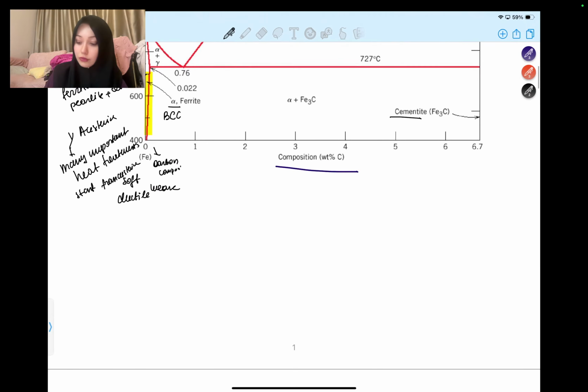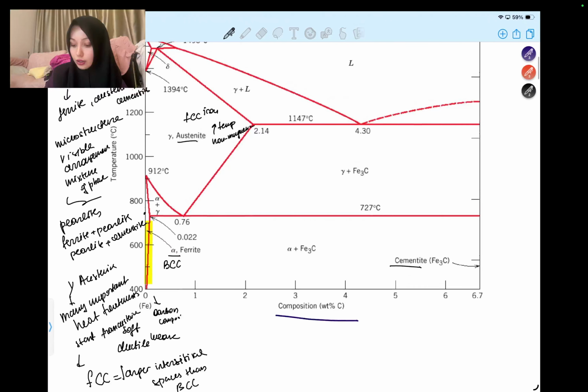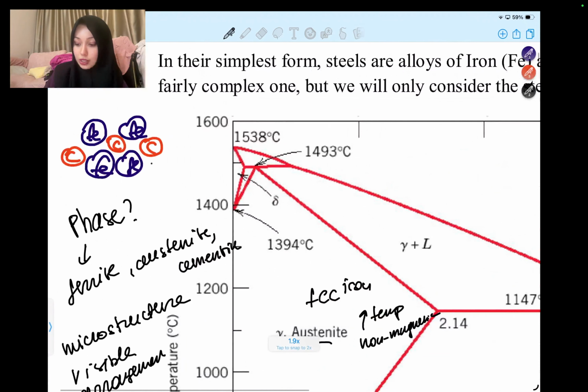And why can austenite generally hold more carbon? Because FCC itself has larger interstitial spaces than BCC. As I mentioned here, the carbon goes in these tiny spaces, and they are called interstitial spaces.